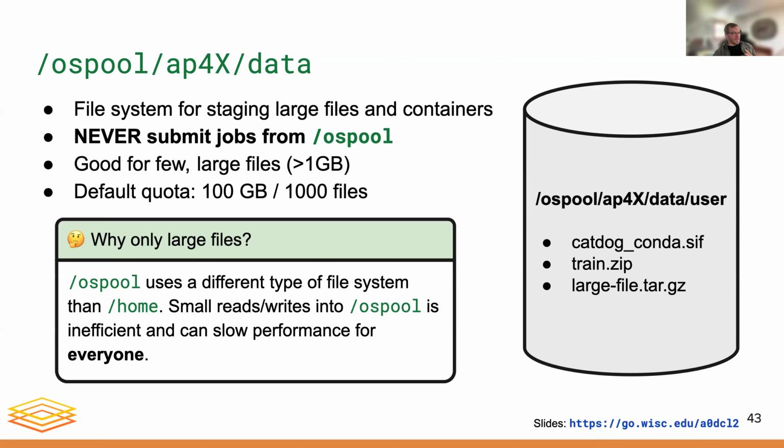The reason is that it is a different type of file system, and small reads and small writes into that type of file system create a lot of overhead and can really slow down performance for everyone. So it's really important that you're moving the smallest number possible, one or two or three, of the biggest files that your job needs, living in the OSPool staging area.